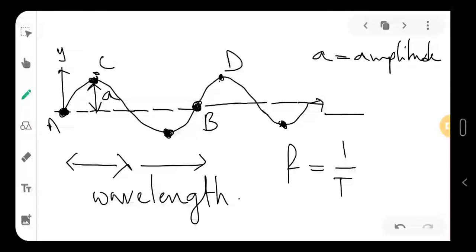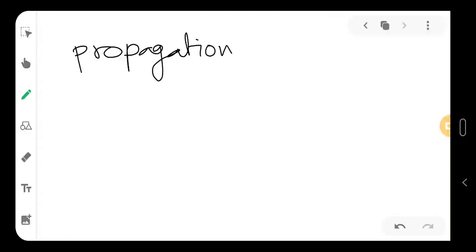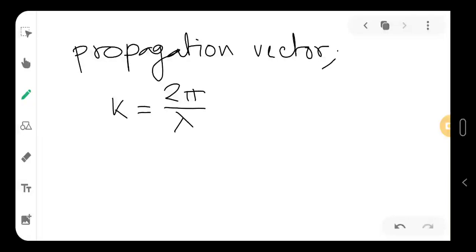Now, one more thing: because the wave is propagating in a certain direction, we have a vector which is called the propagation vector. The propagation vector is k, which is 2 pi by lambda. Now you will say, the main problem is here, 2 pi.